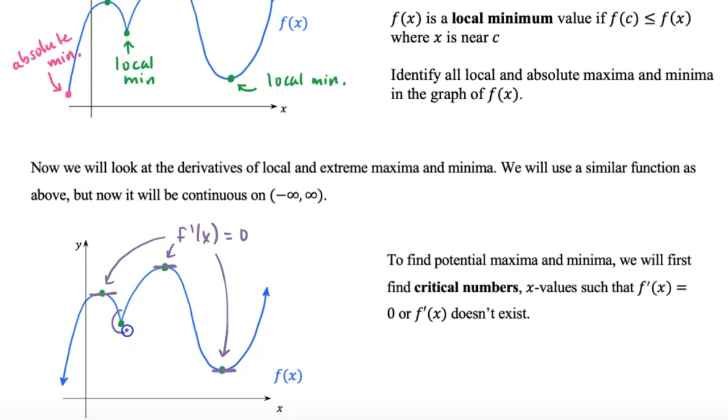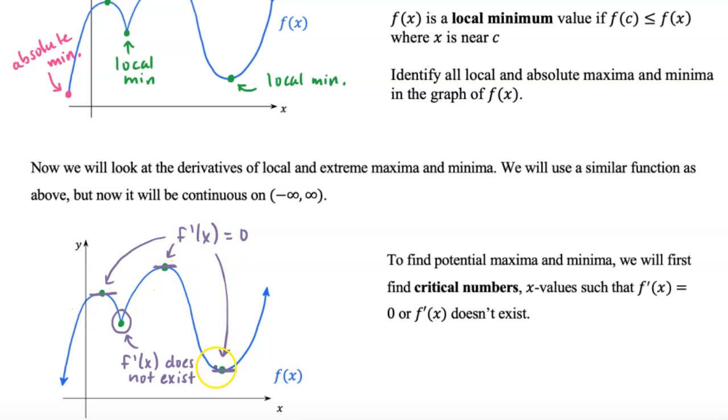What happens right here, though? Does anyone remember the derivative at a point? Well, at a point, my derivative does not exist. So I'm going to say f prime of x does not exist here. All right, and we talked about the idea before when we have local maxima and minima, the derivative is going to be 0.